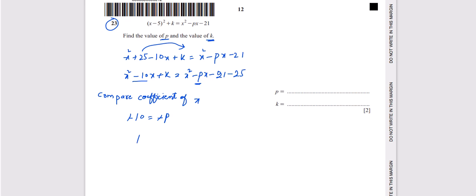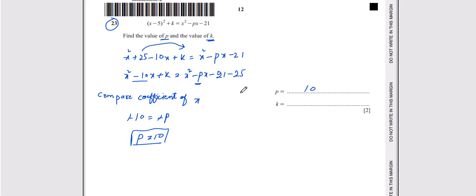Minus cancels with minus, so p is equal to 10. The value of p is 10. Now compare the constant term. The constant term is here k, and here is −21 − 25. So k is equal to −21 − 25, that is equal to −46. The value of k is −46. This is our final answer.